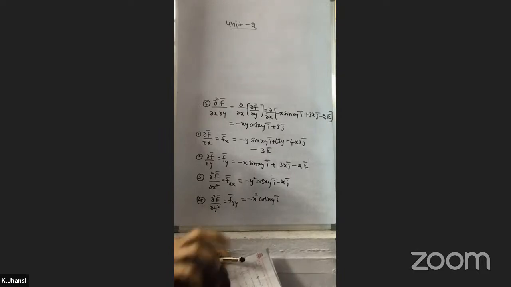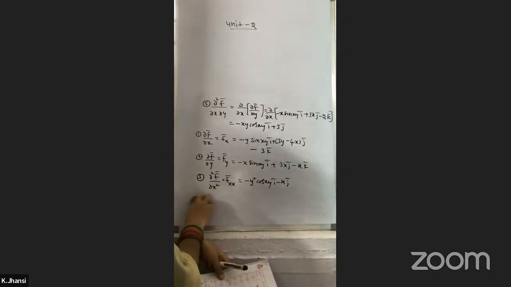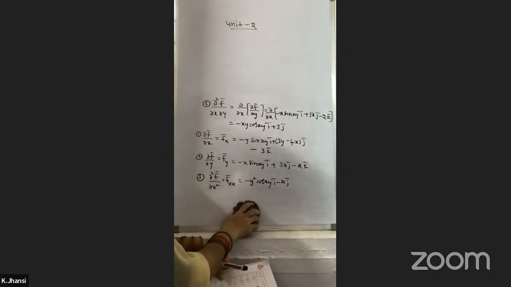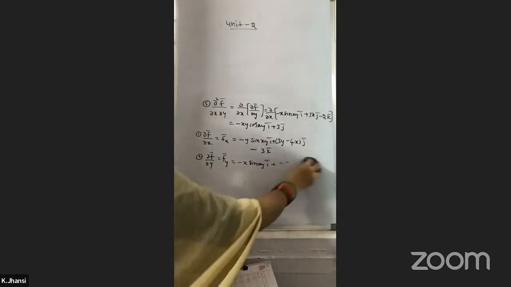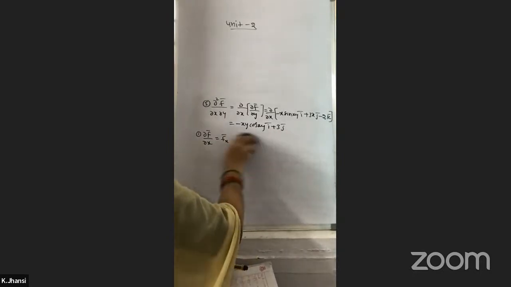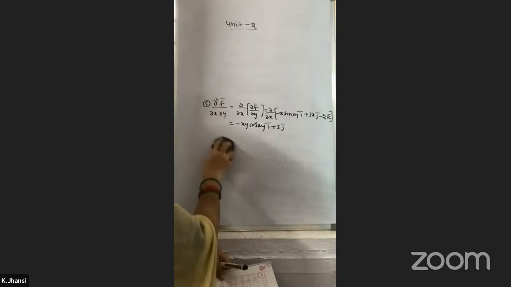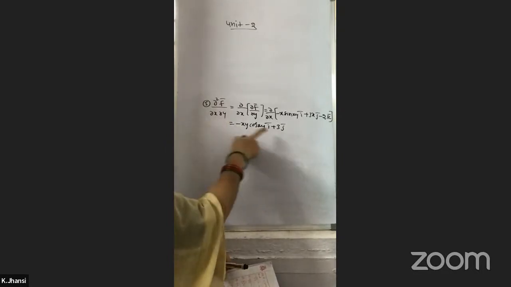So you have to find the unit tangent vector of the curve. So dou square f by dou x dou y value is this one.